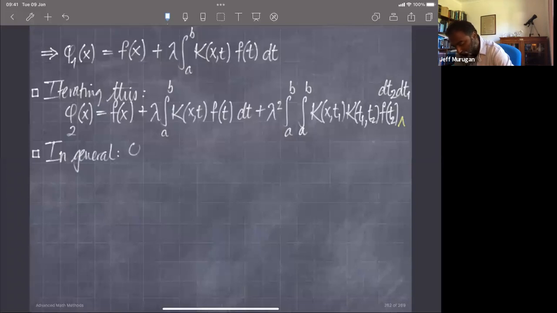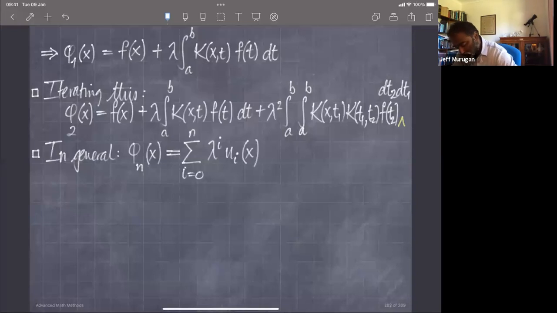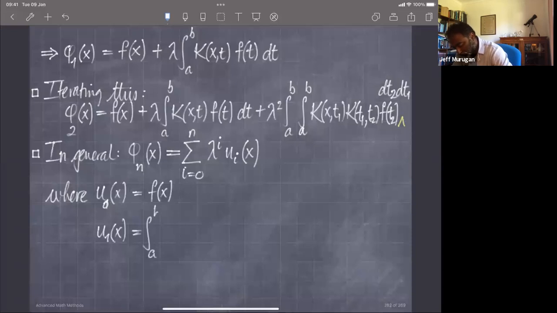I will find that my solution phi n of x at the nth level can be written as the sum from i equals 0 to n of the ith power of lambda times u i of x, where I'm using a shorthand notation: u0 of x is just f of x, u1 of x is the integral from a to b of k of x t f of t dt, u2 etc.